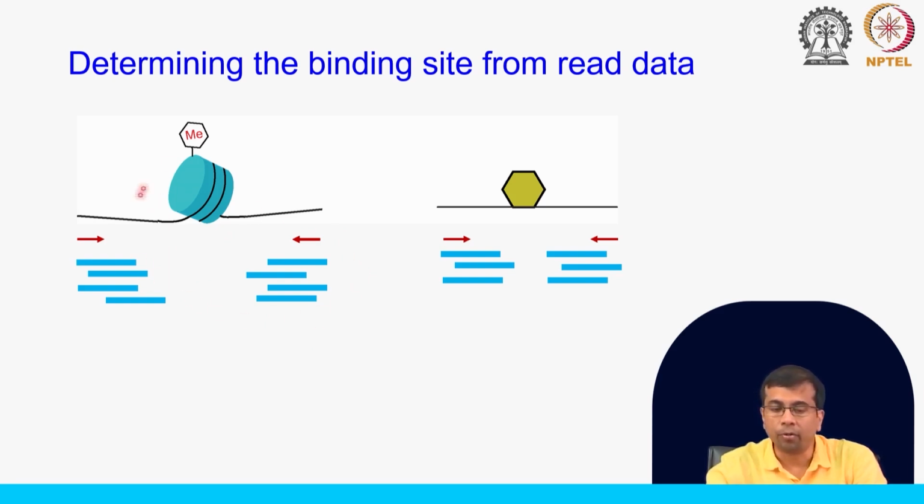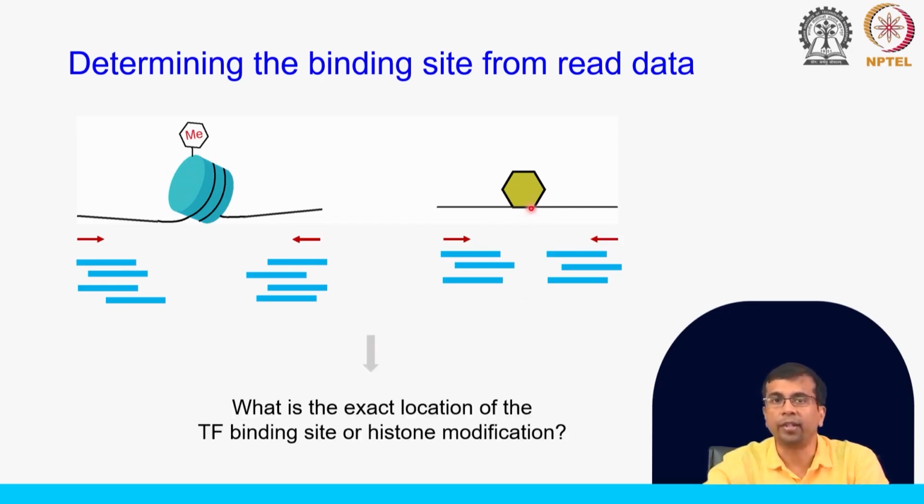What we know is that this modification is somewhere in between, and here we also know the binding site is somewhere in between. The question that we are interested in is what is the exact location of this binding site or the histone modification. To do this analysis, we have to do something called peak calling.